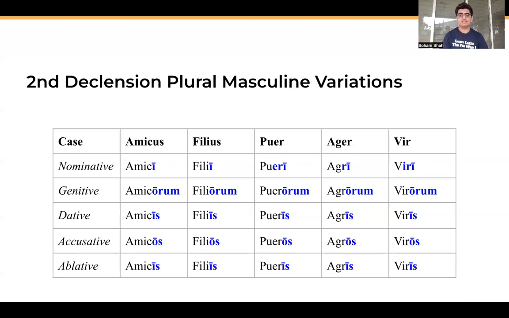Again, let's look back at the fact that it is not puri, but pueri, because that is based on the genitive singular. For ager, it is agri, agrorum, agris, agros, agris. And for vir, it's viri, virorum, viris, viros, viris. We can see a little bit of a pattern here, but remember that the foundational form of the initial letters is always going to be based on the genitive singular. So make sure you know your genitive singulars extremely well for the second declension.